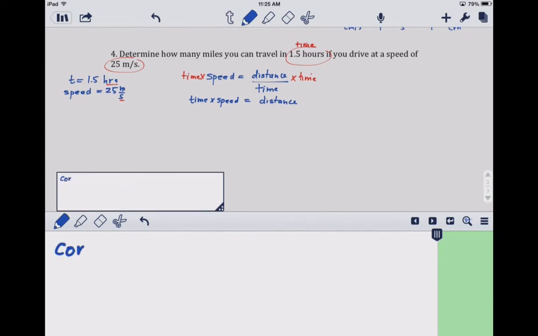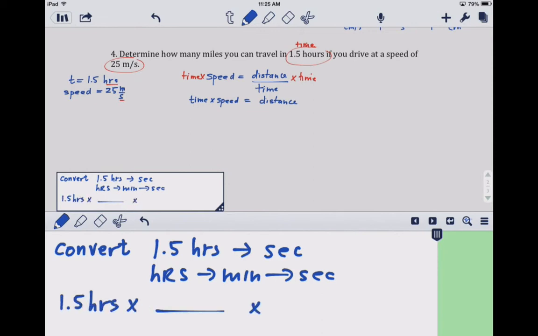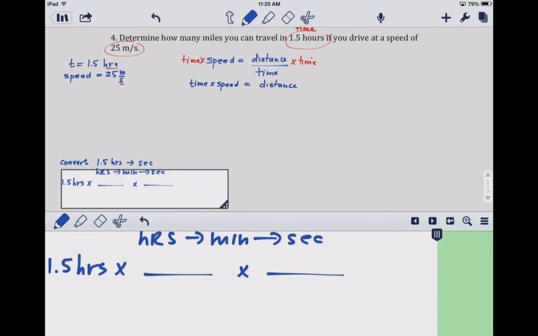So before I can use that equation, I need to go to the side here and convert 1.5 hours to seconds. In order to do that, I'm going to need to go via minutes. So I'm going to go hours to minutes to seconds. 1.5 hours. My conversion factors are the following: hours in the bottom, minutes up top, minutes on the bottom, seconds up top.